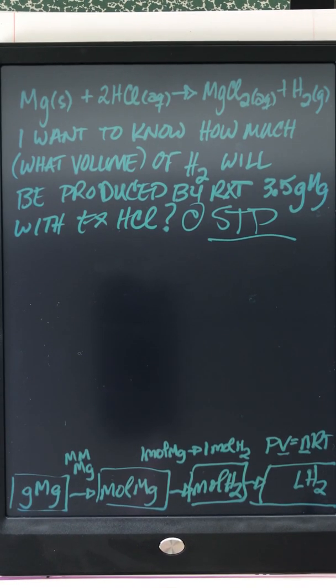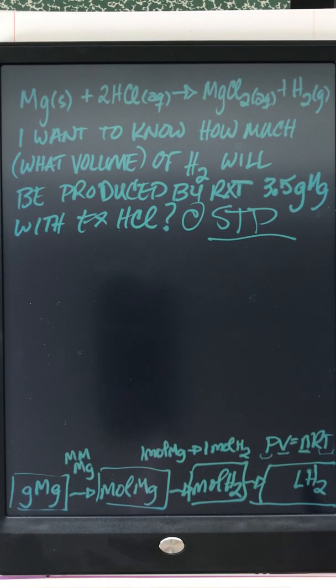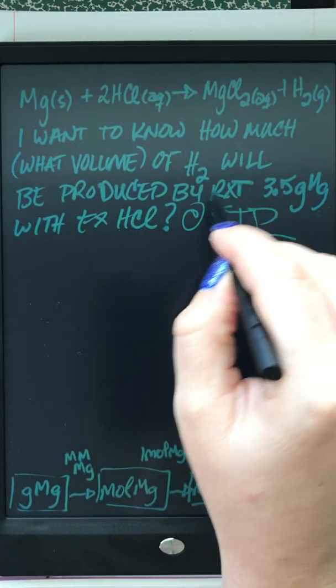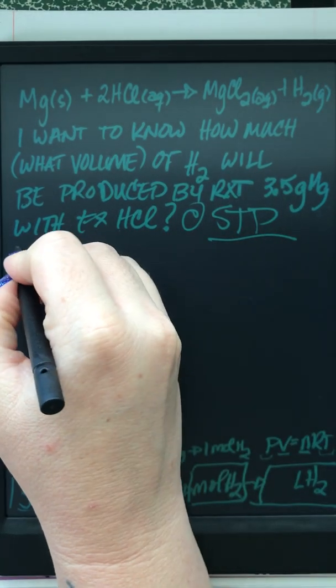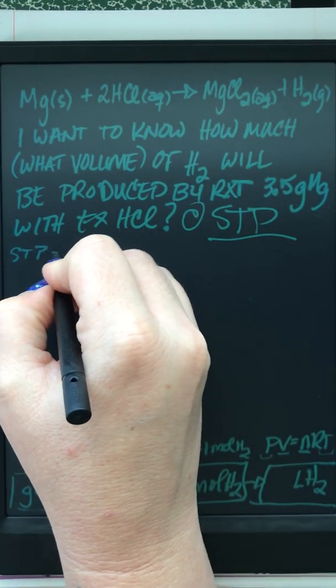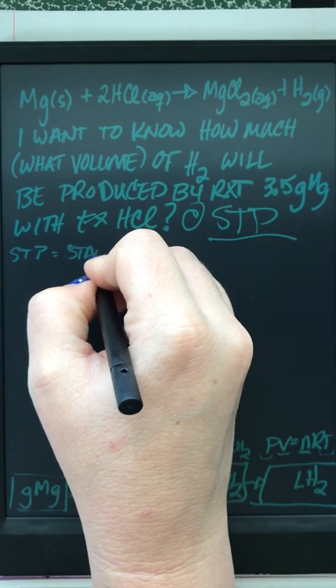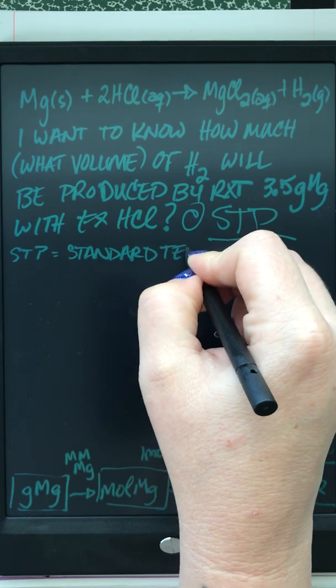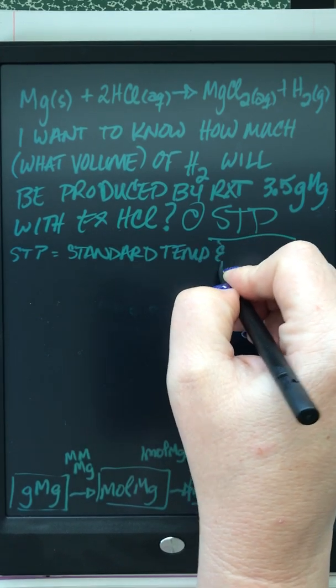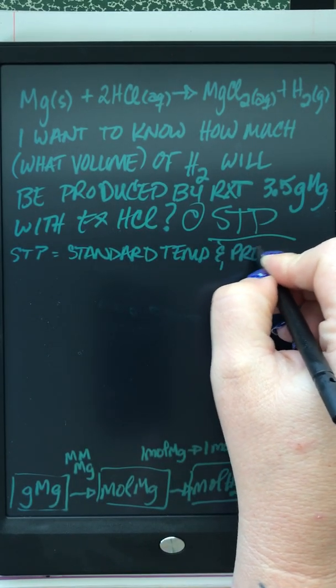Now, what we're not sure about is what the pressure is and what the temperature is, right? So, that's where this standard temperature and pressure comes into play. So STP is the standard temperature and pressure.